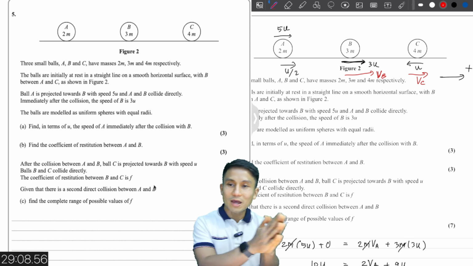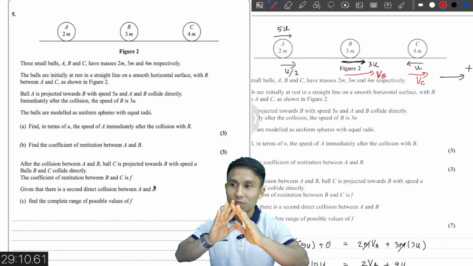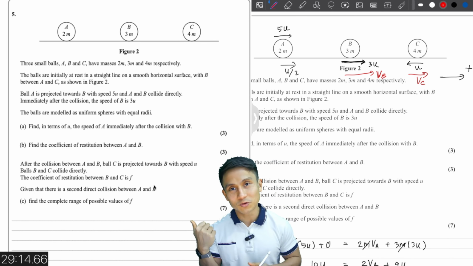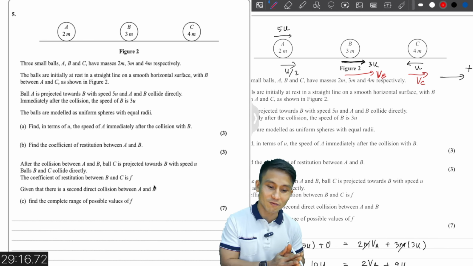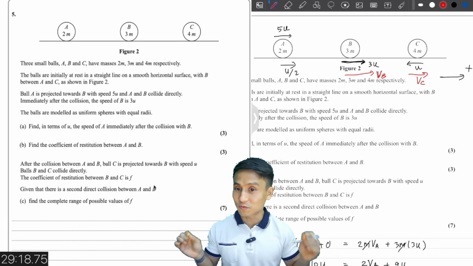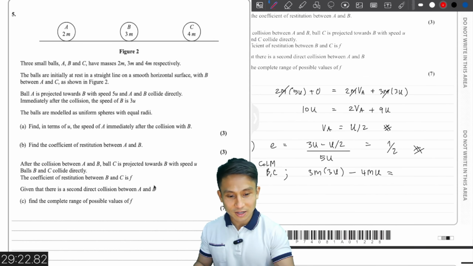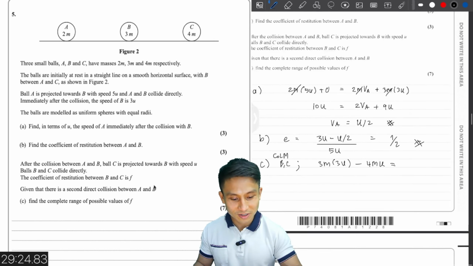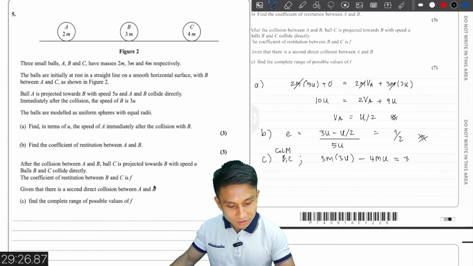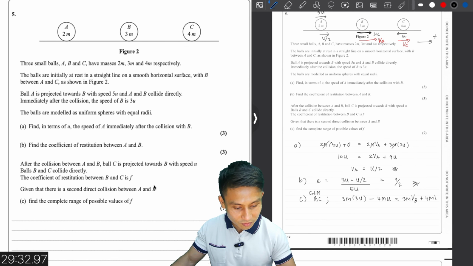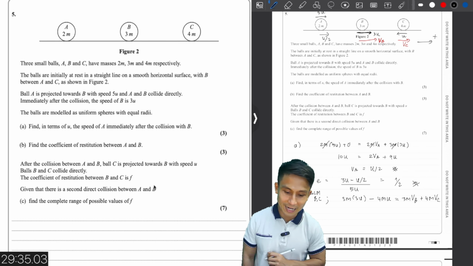If we take rightward as positive, we do know that VB will go to the left, but I would just make VB and VC to the right, because we will find the coefficient of restitution. Let me just complete the conservation equation first. So that's 3m times VB plus 4m times VC, because they both go to the right, that's what we assumed.